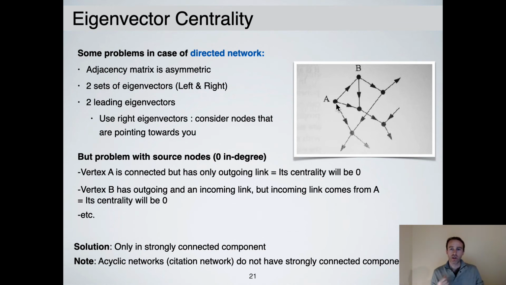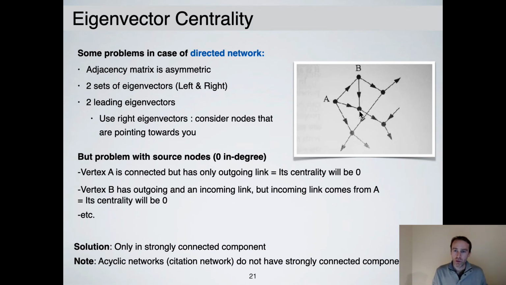Since it has no incoming edges, its value will be 0 after the first step, because it receives nothing from the neighbors. So its centrality will be 0. Why not? But the problem is that in the next step, it will send also 0 to all the neighbors. And for B, B had only one incoming edge, from A. So in the second step, it will receive only a 0, so its value will again be a 0.